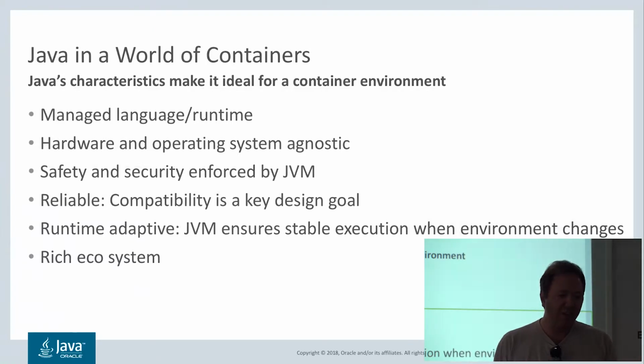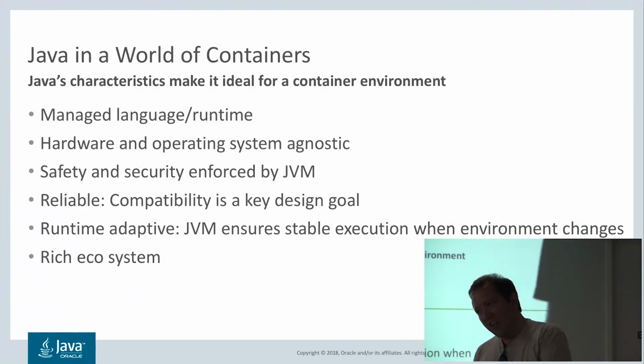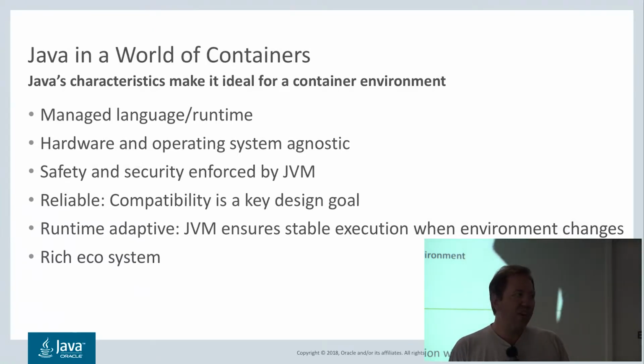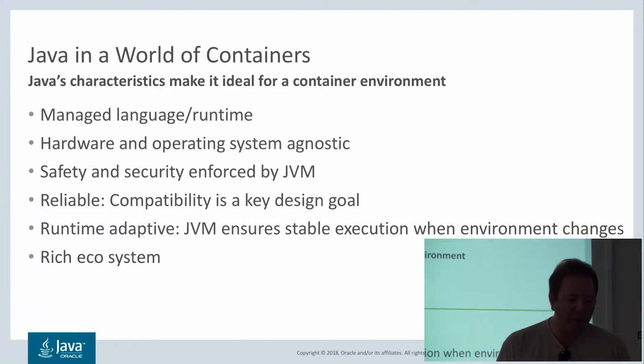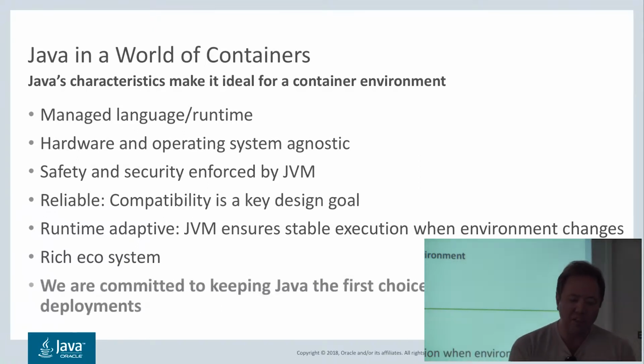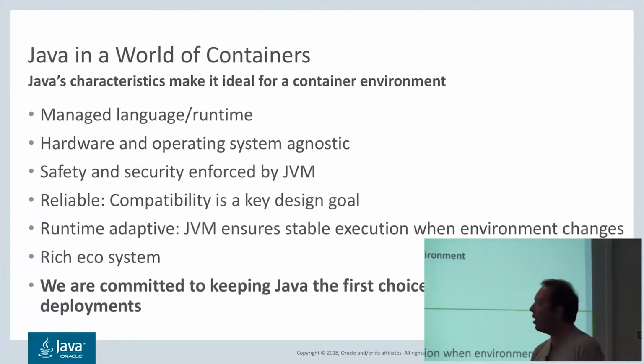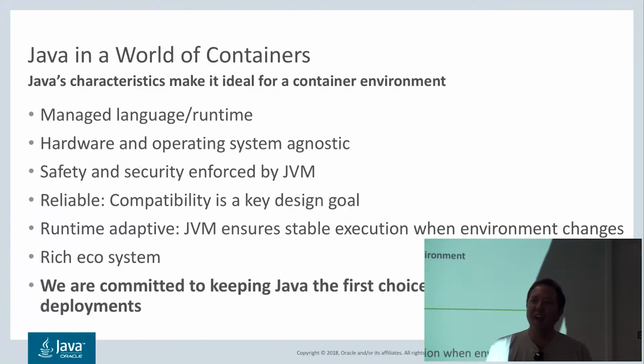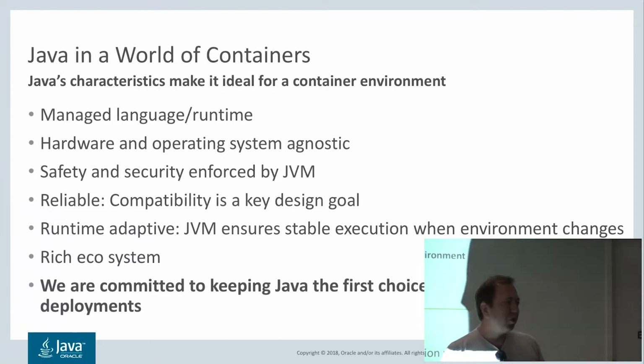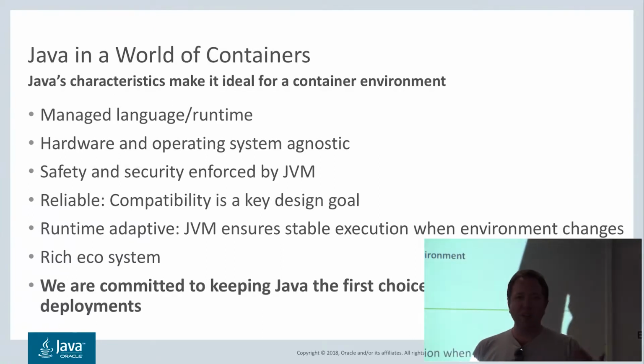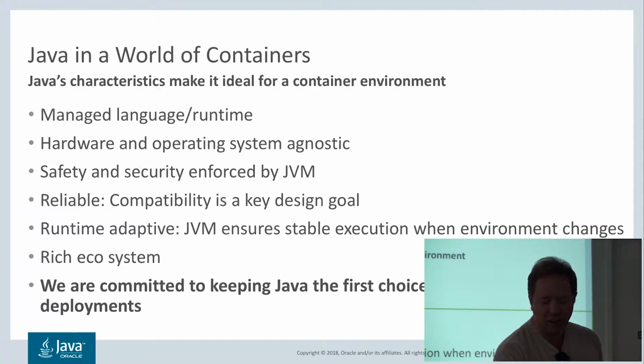It's agnostic from that point of view. Safety is enforced by the JVM and so on. There are a number of different reasons why we believe that Java is good for this environment. And maybe most importantly of all, we recognize that this is really important to us, so we are committed to keeping the investment going in this area and making sure that Java continues to be a really good citizen.